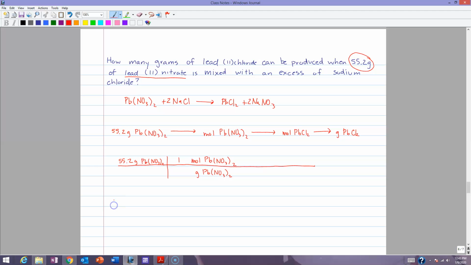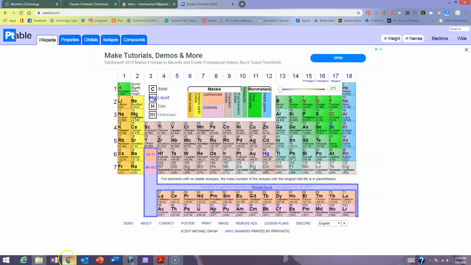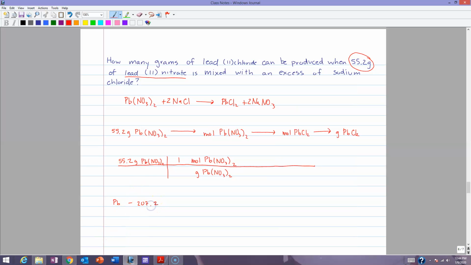Okay, from the periodic table, I can find that the molar mass of lead is 207.2. And I have 1 lead in my formula unit. I have 2 times 1 nitrogen, so I'm going to have 2 nitrogens.